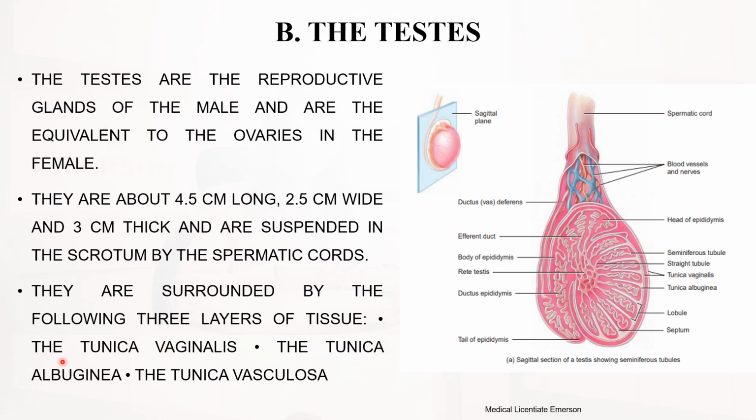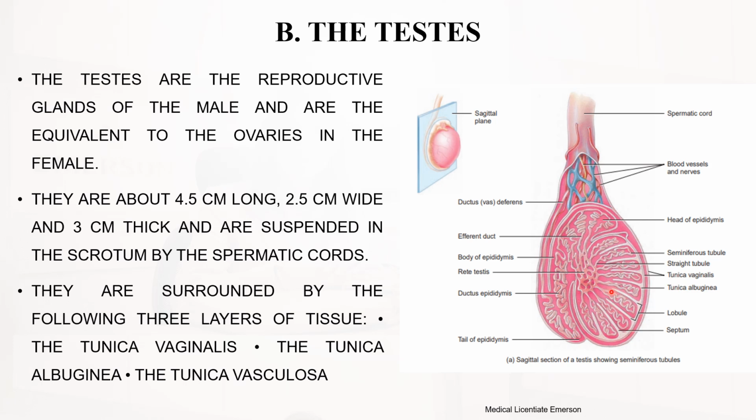The testis has one layer which we call the tunica vaginalis. It also has one layer of tissue called the tunica albuginea. Then there is also a tunica vasculosa. Those are the three layers of tissue that surround the testis. If you're viewing it from inside, that's how it is going to look.